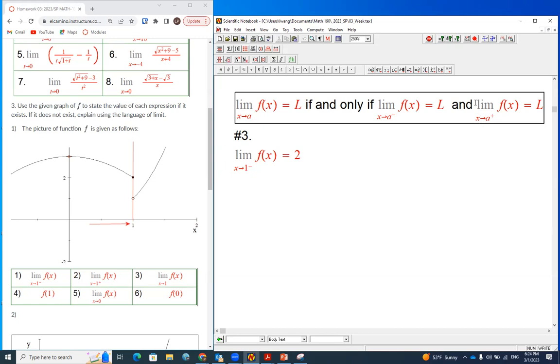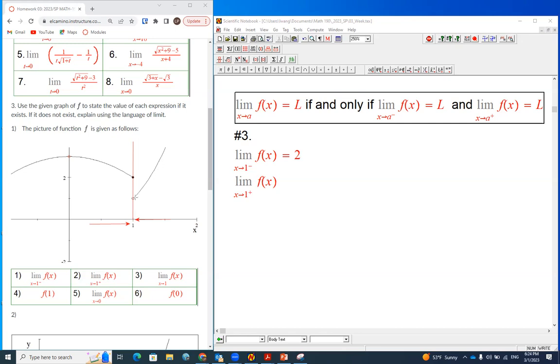But what if we approach the limit from the right, from larger than 1? Obviously in this case, we use the other rule.